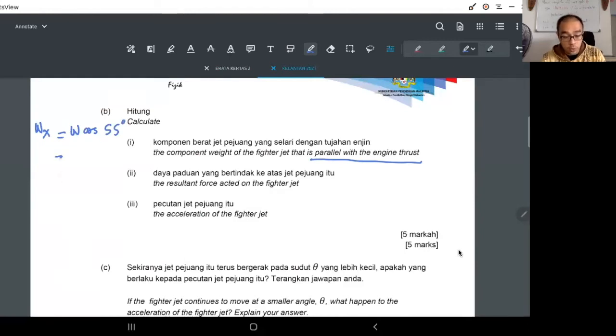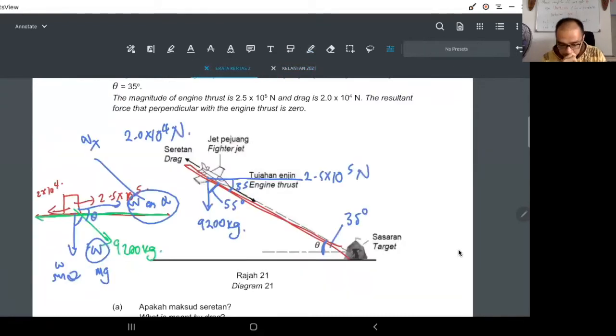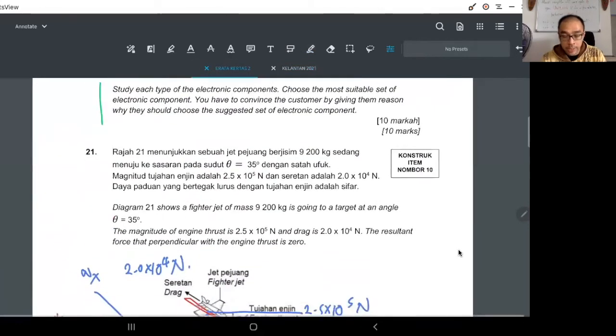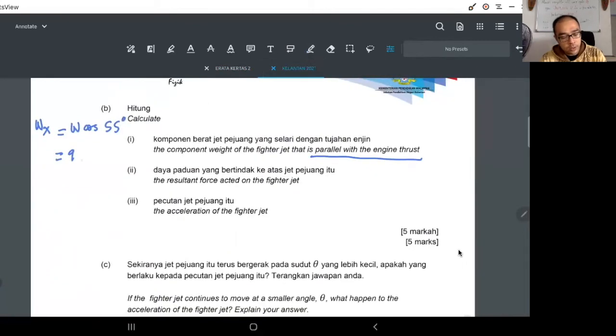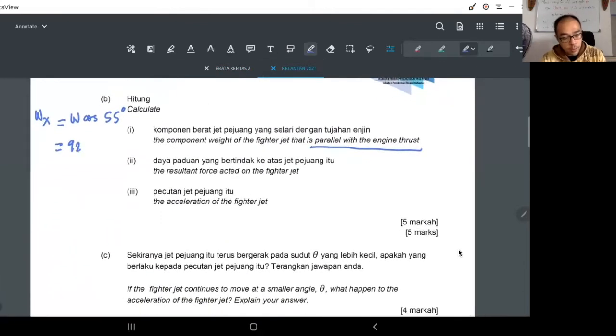And W will be 9200 times 9.81, the weight of this one, times cos 55, which will give you 51766.42 newtons.